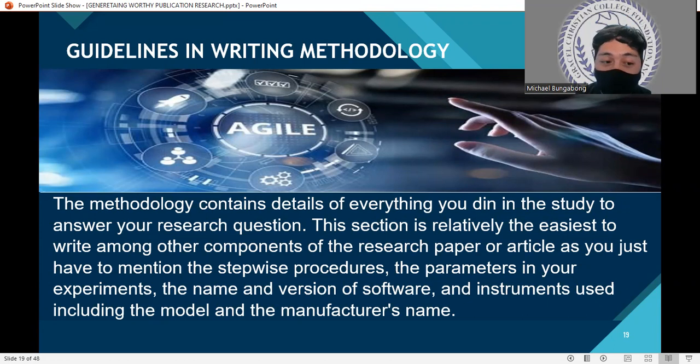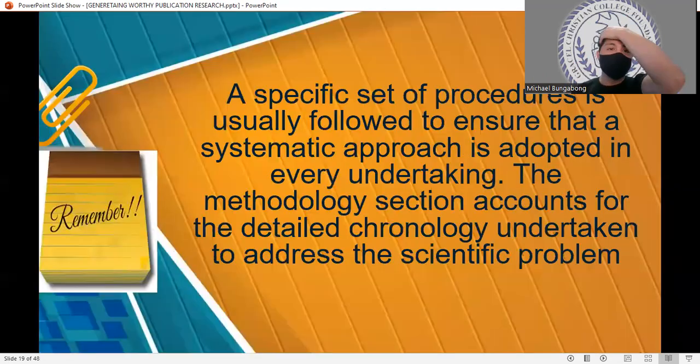So the parameters of your experiment, the name and version of the software and instrument you use, including the model and the manufacturer's name. A specific set of procedure is usually followed to ensure a systematic approach.